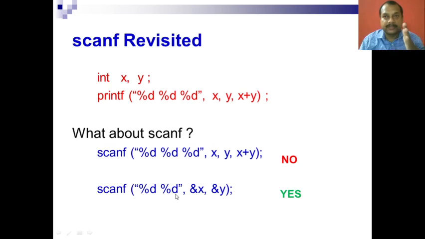So you know by this time this formatting option is for integer, so you need not mention whether x and y are integers or not, it is encoded here. So %d corresponds to ampersand x, this %d corresponds to this ampersand y.